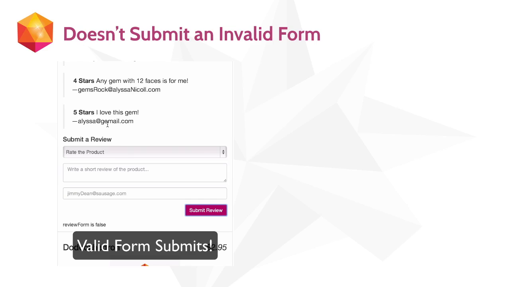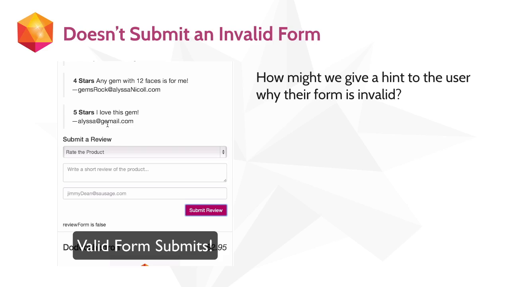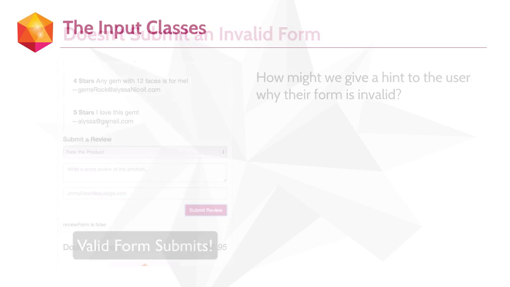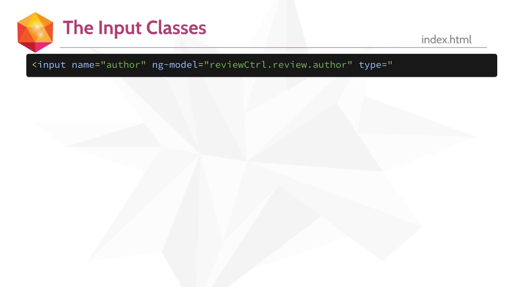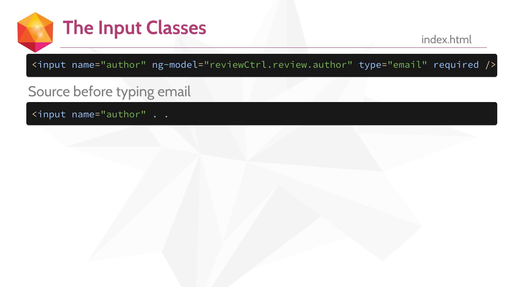Well, that's good, but we still need to give the user some sort of hint of why their form is invalid. Well, if we looked at the HTML that gets rendered on our page, in particular the form elements, we would see that the input value before we started typing email has a class of ngPristine, which means it hasn't been touched, and ngInvalid, which means the email is not valid.